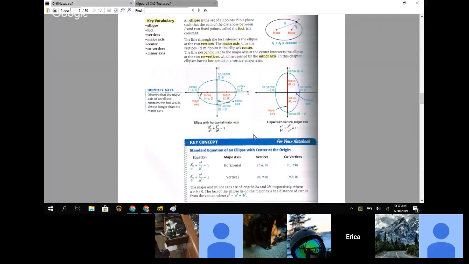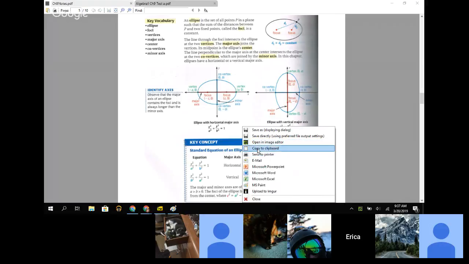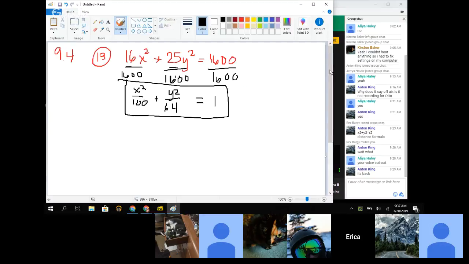I'm just going to steal this and put it right on here. There we go. So I know my ellipse is going to look like this. Now I just have to figure out what all the pieces are going to be. Okay, so I want to find my vertices, which are right here and here.